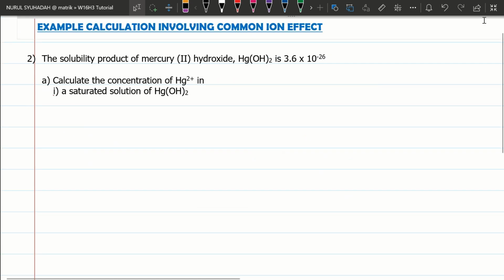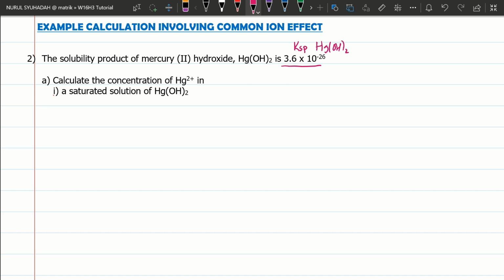So, example number 2. The solubility product of mercury 2 hydroxide, Hg(OH)2, is 3.6 times 10 to the power of negative 26. Okay, jadi dibagi dekat sini, this is the value of KSP untuk Hg(OH)2. So, calculate the concentration of Hg2+ in a saturated solution of Hg(OH)2.